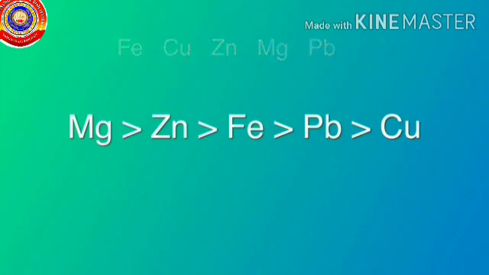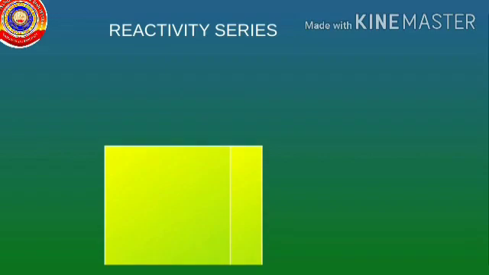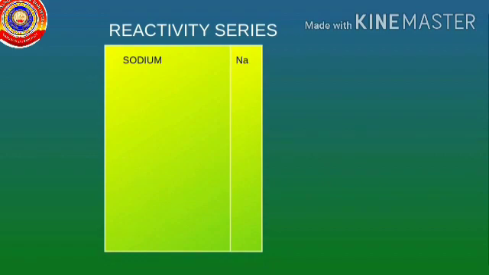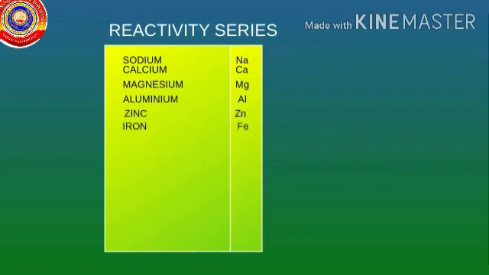From the above experiments, it can be concluded that the reactivity of different metals with water, air, and dilute hydrochloric acid are not the same. If the metals are arranged in the decreasing order of their reactivity, a series is obtained called reactivity series. The order of reactivity of some metals are given.